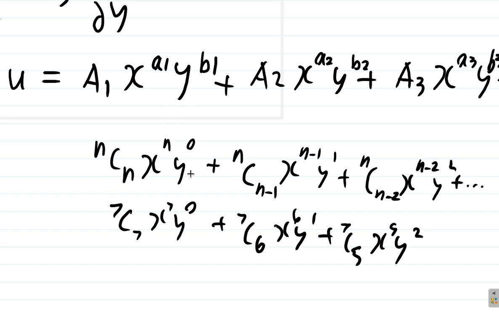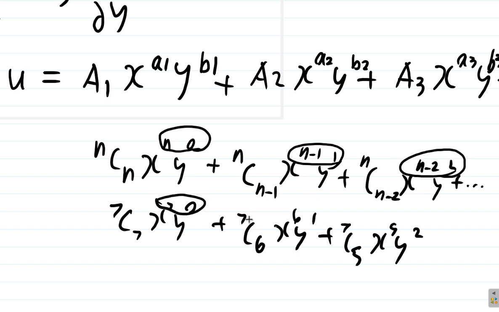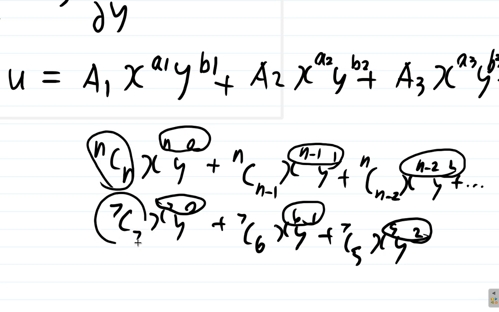Now, here in the binomial, notice n plus 0 is n, n minus 1 plus 1 is n, n minus 2 plus 2 is n, and so on. Like 7 plus 0 is 7, 6 plus 1 is 7, 5 plus 2 is 7. So the powers add up to the same thing. And you have a number in front here. This number is like the uppercase A1, the uppercase A2, uppercase A3, right?